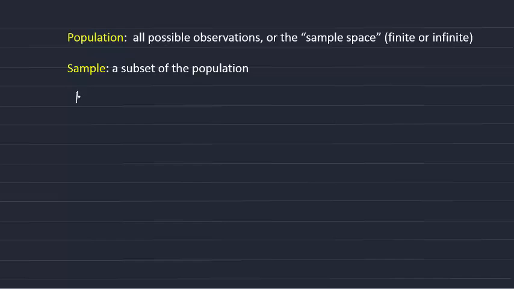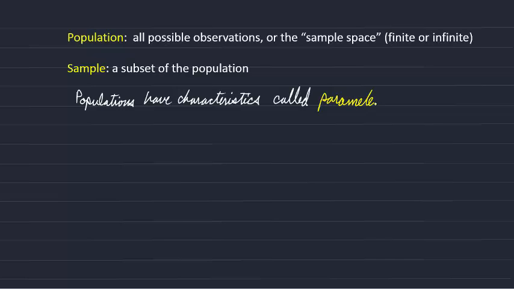So populations have characteristics, and we'll formally describe those as parameters. The parallel characteristics of samples are called statistics.